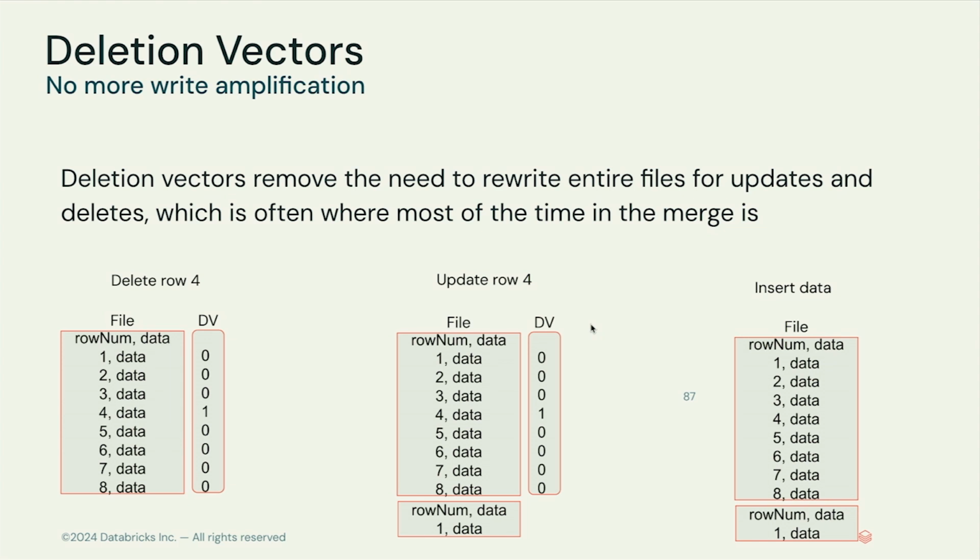What deletion vectors allow you to do is tombstone a row. So when you delete from a table, instead of rewriting the entire file, you can just write a deletion vector that marks a row as deleted. And then when a reader comes in, they can read the deletion vector, combine it with the file, and then show the user the data without that row.